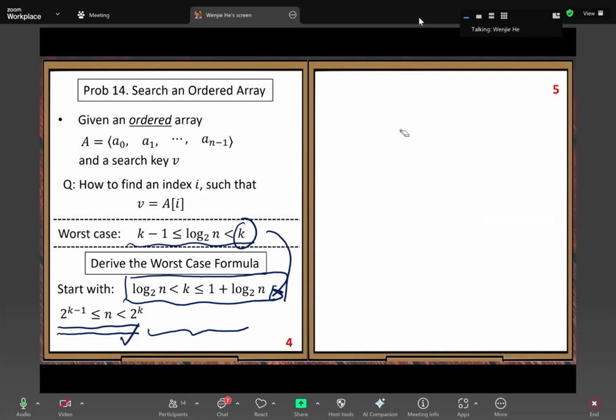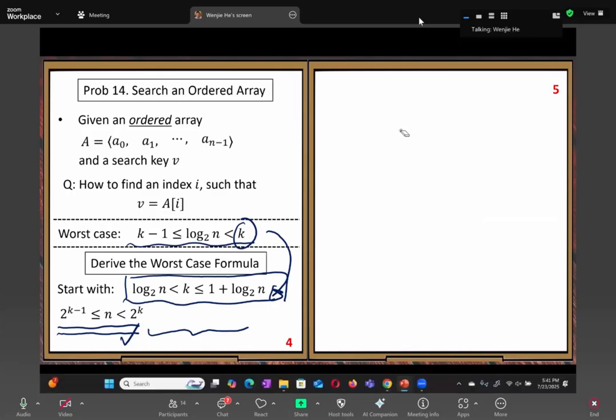All right, so what we are doing here, we want to find the worst case efficiency for the binary search. So last time I said, although this question looks pretty easy, why do we spend so much time?